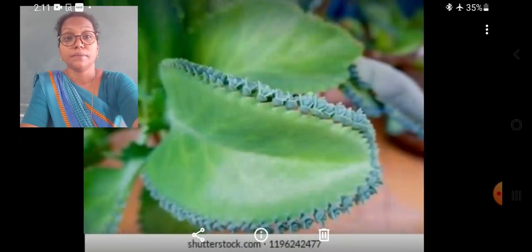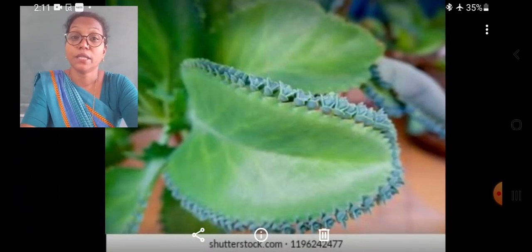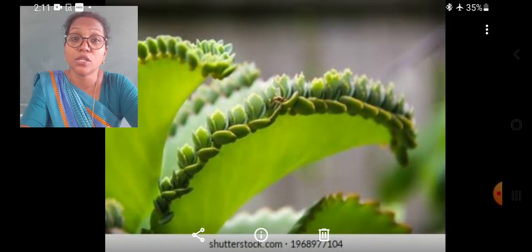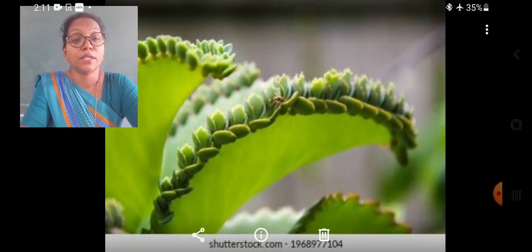Now children, the last method of vegetative propagation, new plants can be developed from the leaves, such as the leaves of bryophyllum. New plants or new buds develop on the margin of their leaves. The roots appear on the margin of the leaves on these buds.